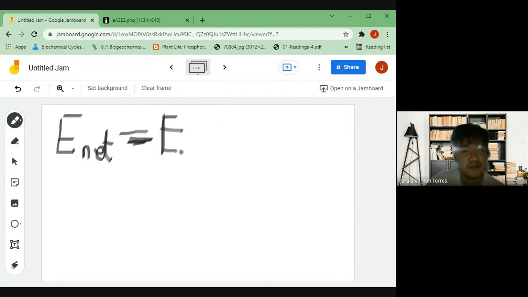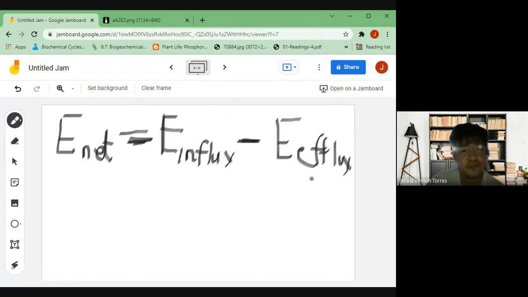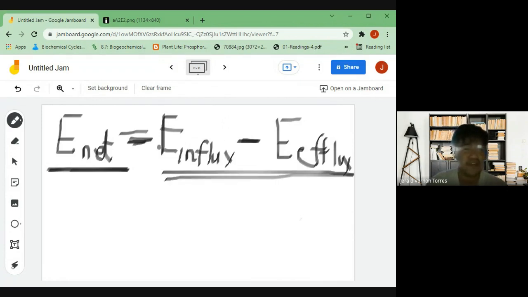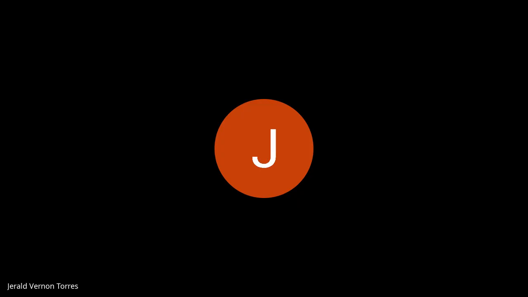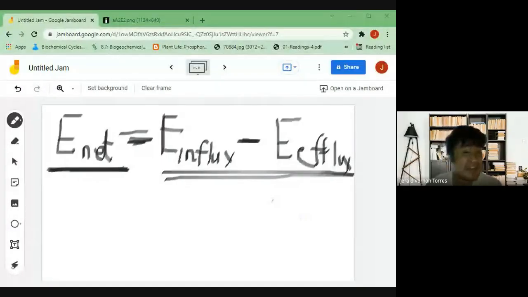We must subtract the influx, yung energy na pumasok sa Earth, minus the energy na lalabas sa Earth, that would be the efflux. So to compute for the net energy sa Earth, ang gagawin lang talaga natin is to subtract the amount of energy na pumasok, yung influx, sa amount of energy na mag-exit. So that's how we compute for the net energy na tinatawag natin.